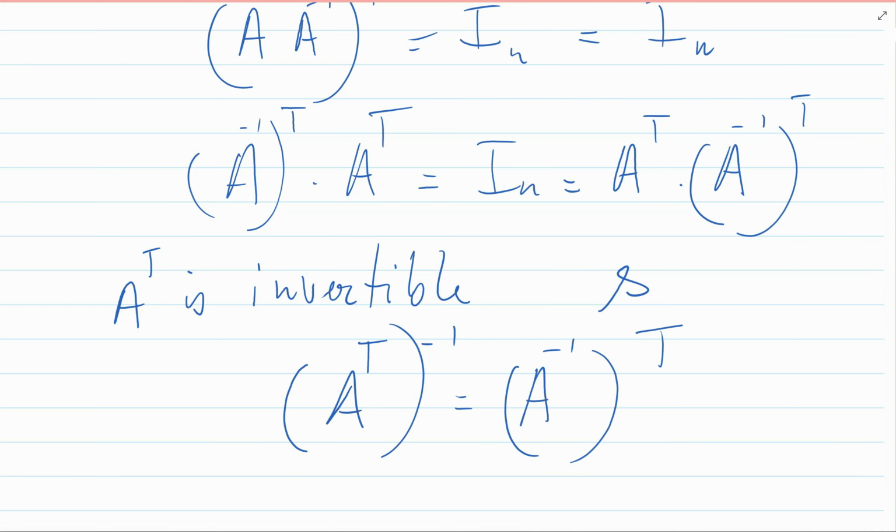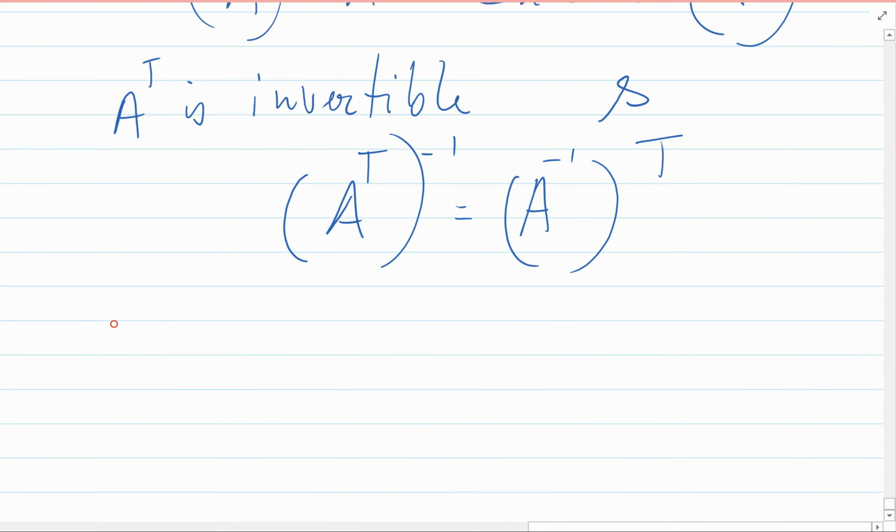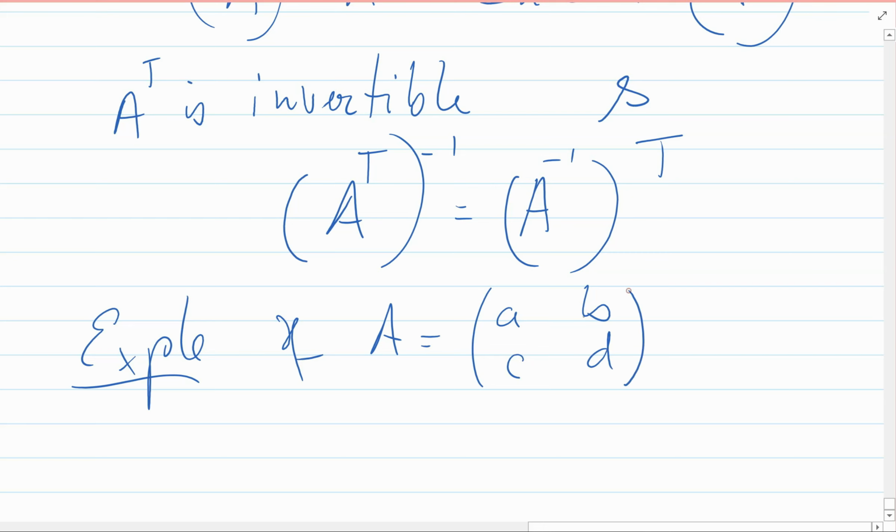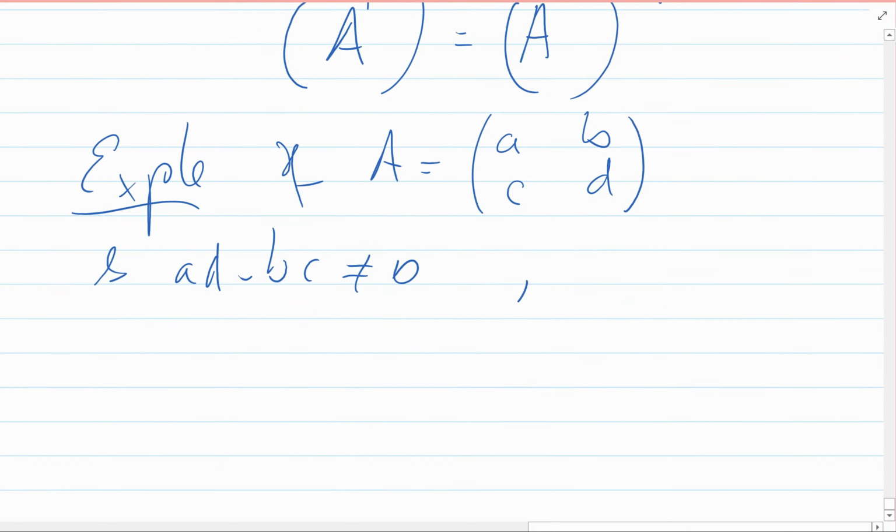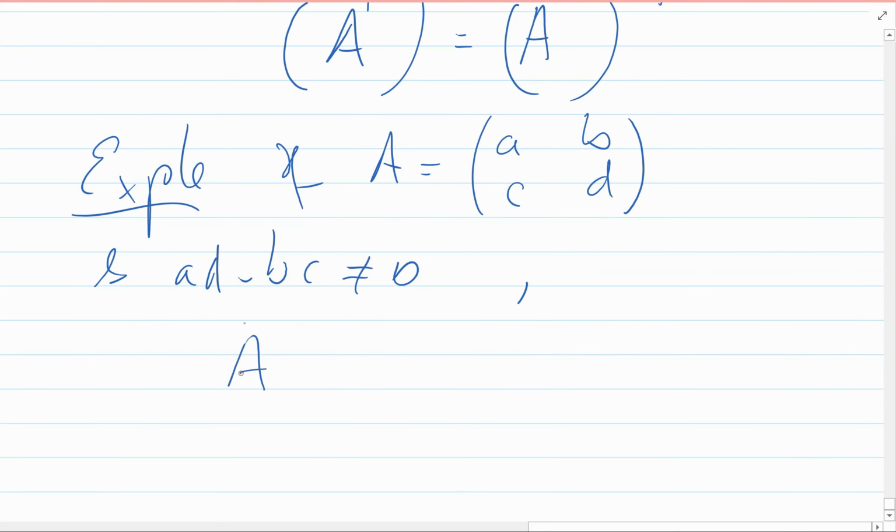So in particular, for example, if A is [A, B; C, D], okay, and AD minus BC is not equal to 0, then we know that A transpose, which is [A, C; B, D], is also invertible, because we're going to have AD minus BC not equal to 0.